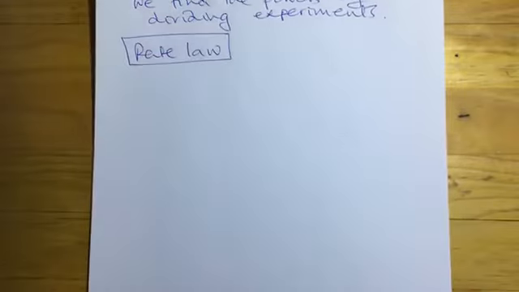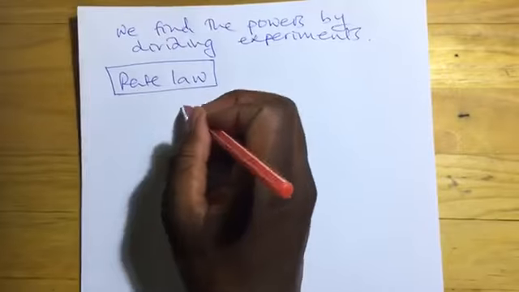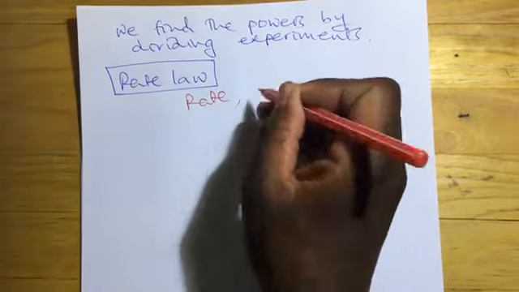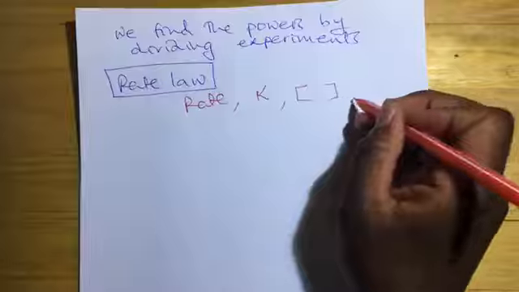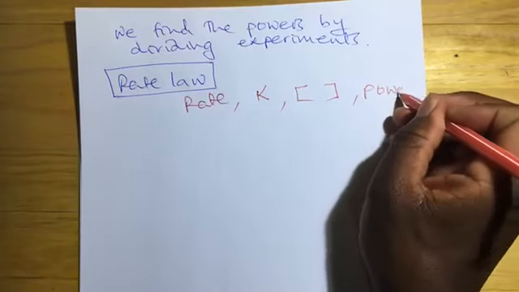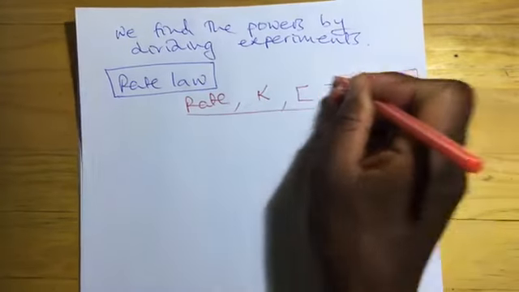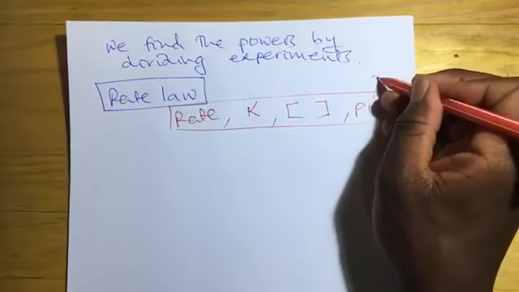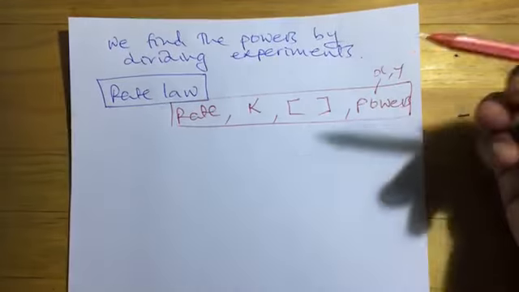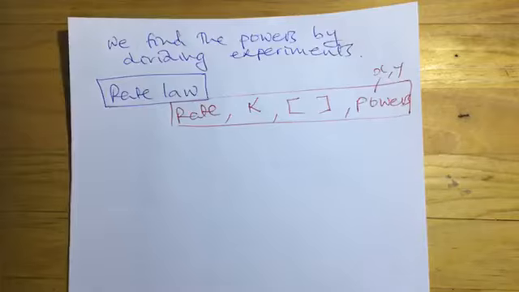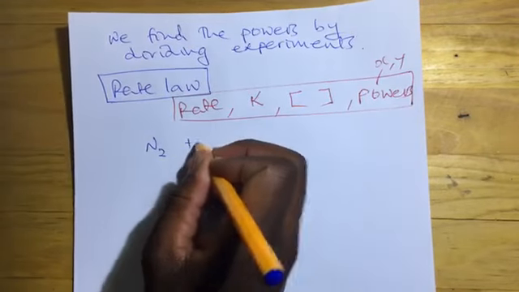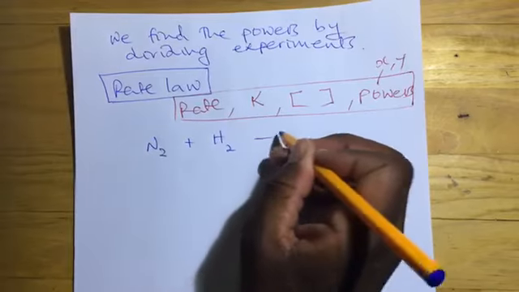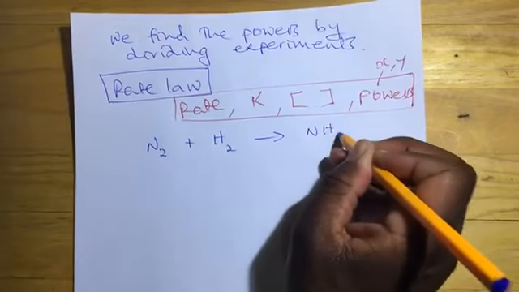So the rate law is basically an expression that has the rate, the K, the concentration, and powers. For the powers, you can just put X, Y, and if you have a third one, you can put Z. Here we have N2 reacting with H2, giving us NH3.